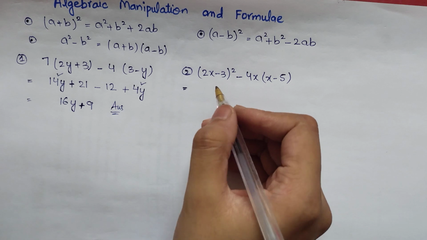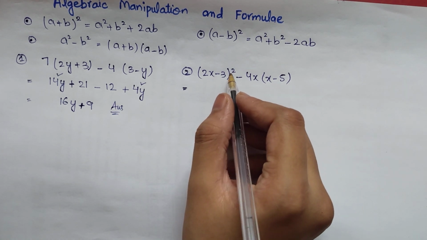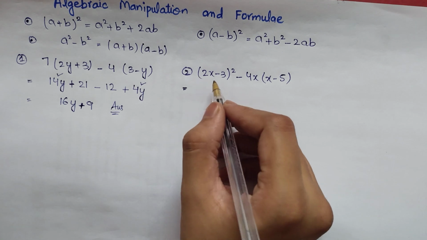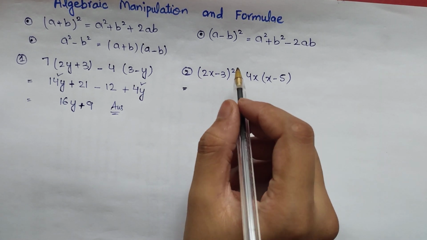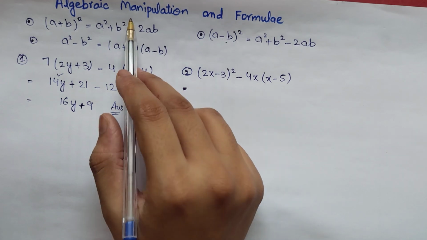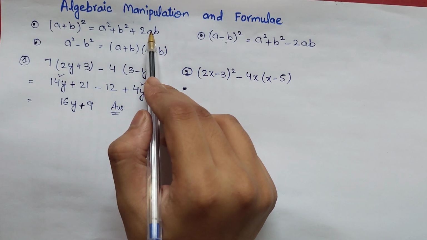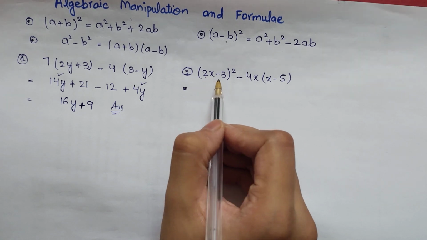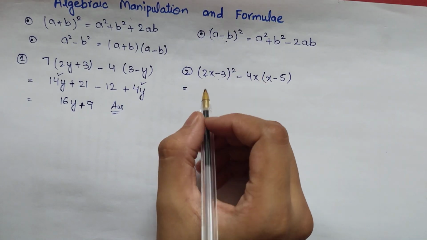Always remember when there is a whole bracket square, it means the formula (a + b) whole square or (a − b) whole square. Always use these two formulas which I wrote at the top. Here it is a minus b, so we use the formula (a − b) whole square.